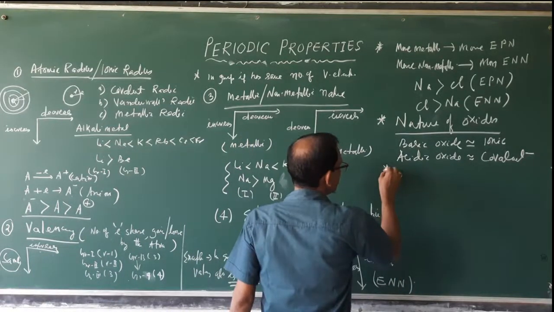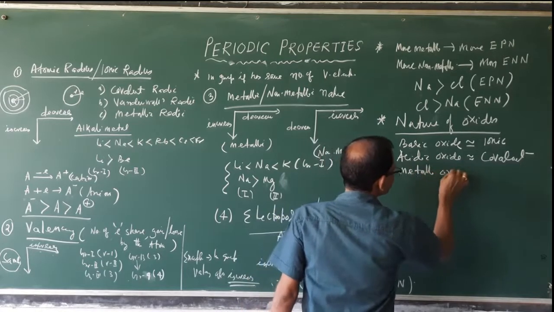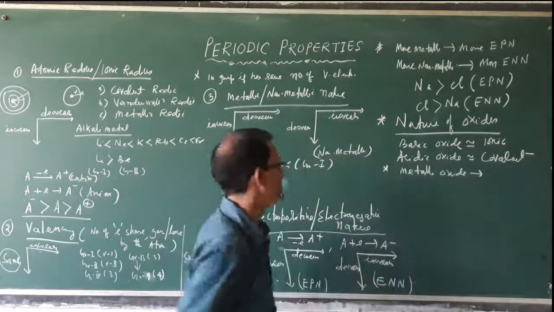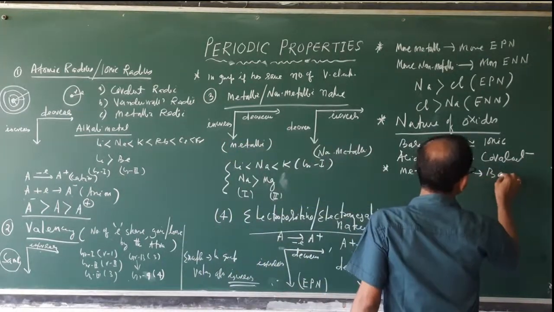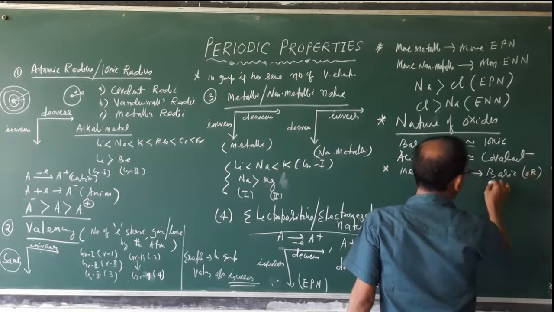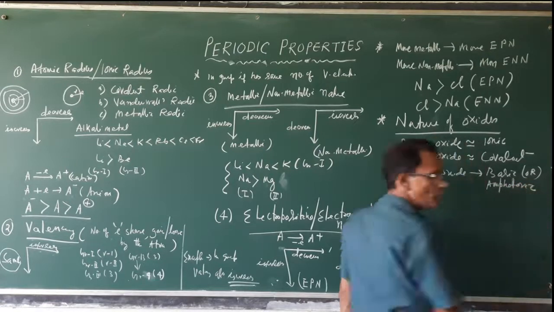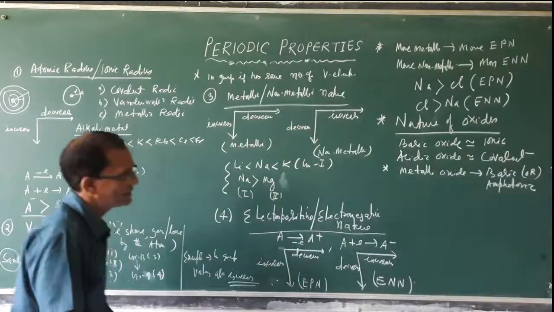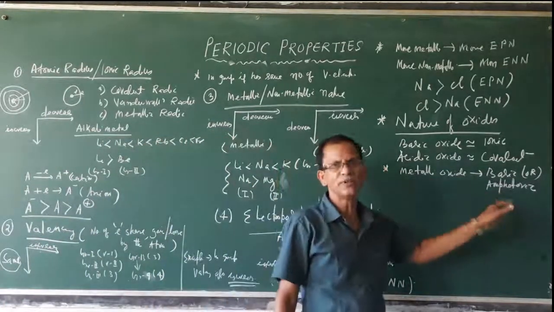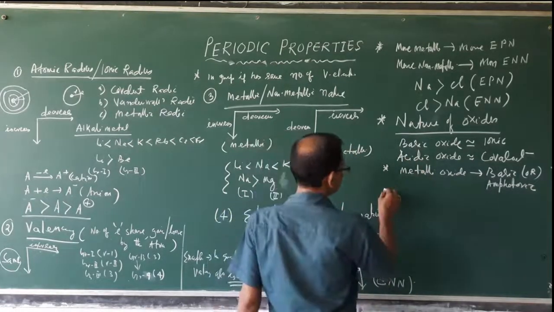Remember a very important thing: metallic oxides are always basic or amphoteric. You have already read in the metals and non-metals chapter that some metal oxides are amphoteric. Amphoteric means both acidic and basic.